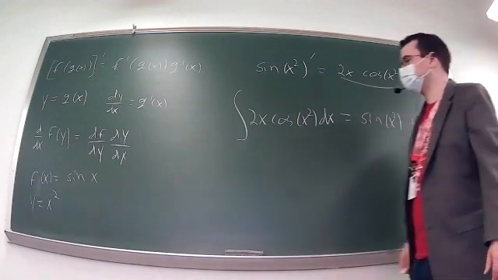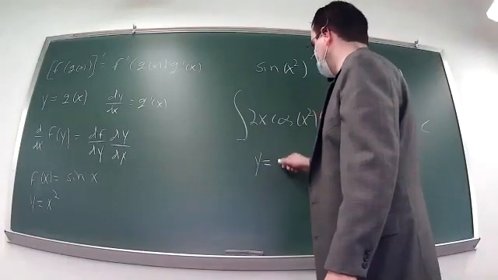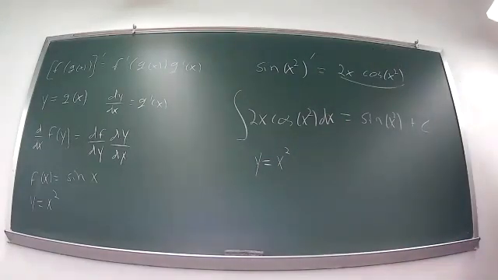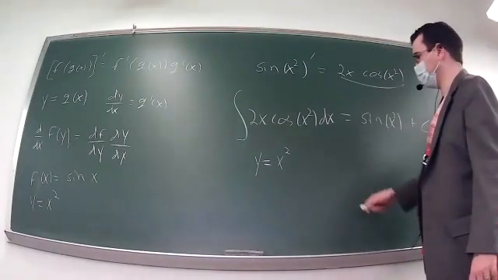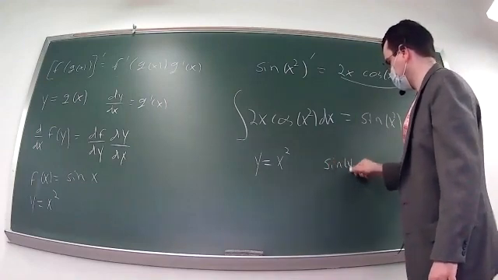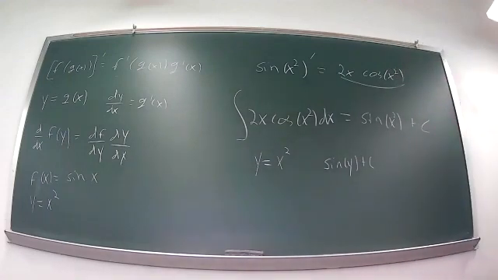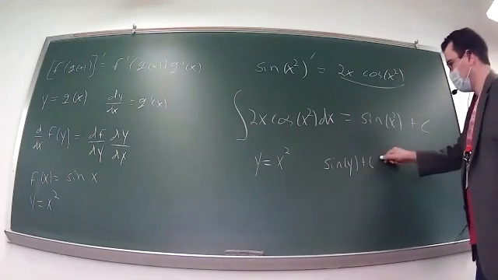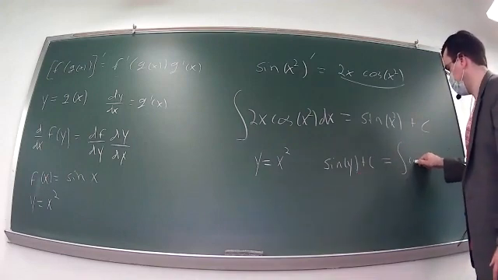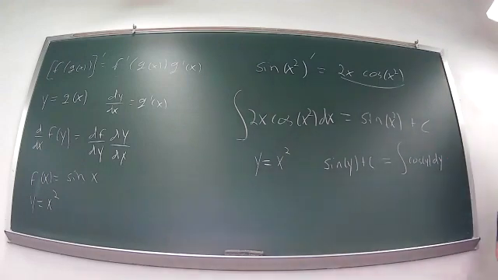Well, what I'll notice is that I've written y equals x squared. So let's probe into that a little bit. Sine of x squared is really sine of y. So this right-hand side is sine of y. And sine of y is the antiderivative of cosine of y dy, right?